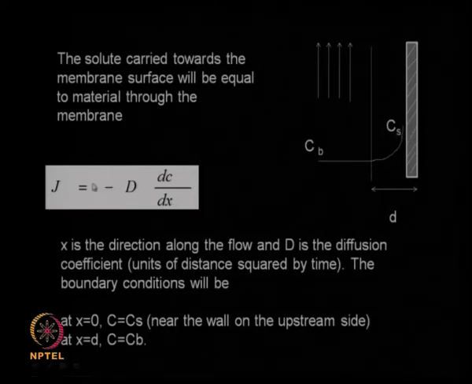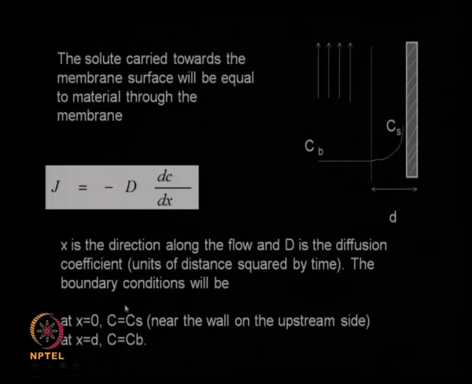So the flux J is equal to minus D dC by dx. C is the concentration, x is the distance, the boundary layer distance along the direction of the flow. What will be the units of the diffusion coefficient? It will be distance squared by time.